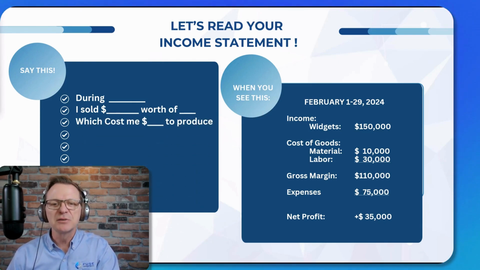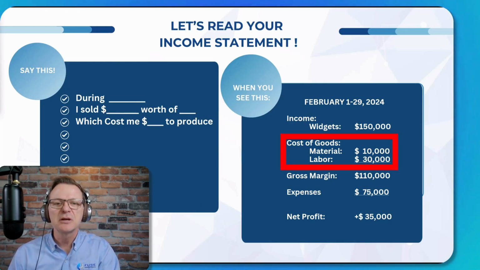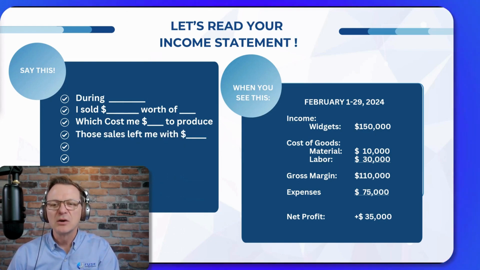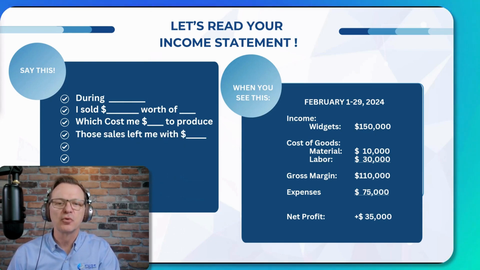And that cost me $40,000 to produce, right? So I sold $150,000 worth of widgets, which cost me $40,000 to produce. That's $10,000 materials, $30,000 labor, $40,000 all in. And that left me with $110,000 of gross margin.